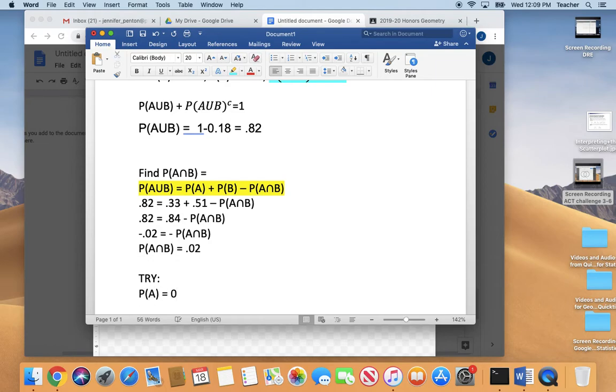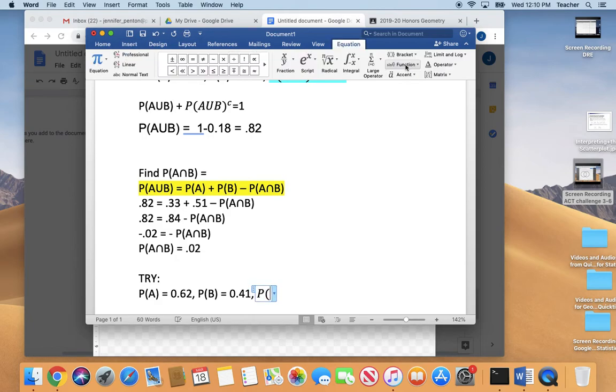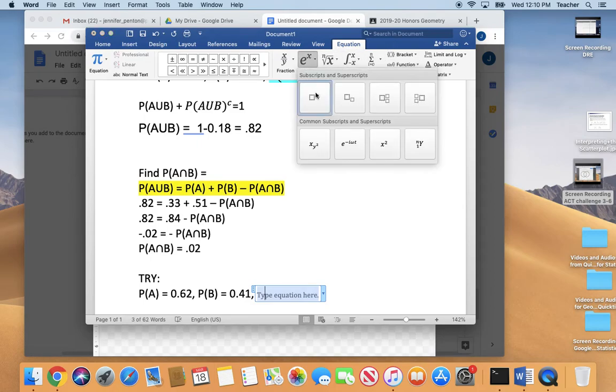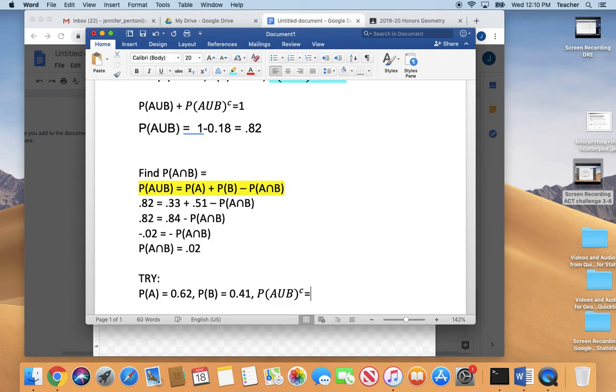So if the probability of A is 0.62, in this case, the probability of B is 0.41, and the complement of A or B is 0.13.